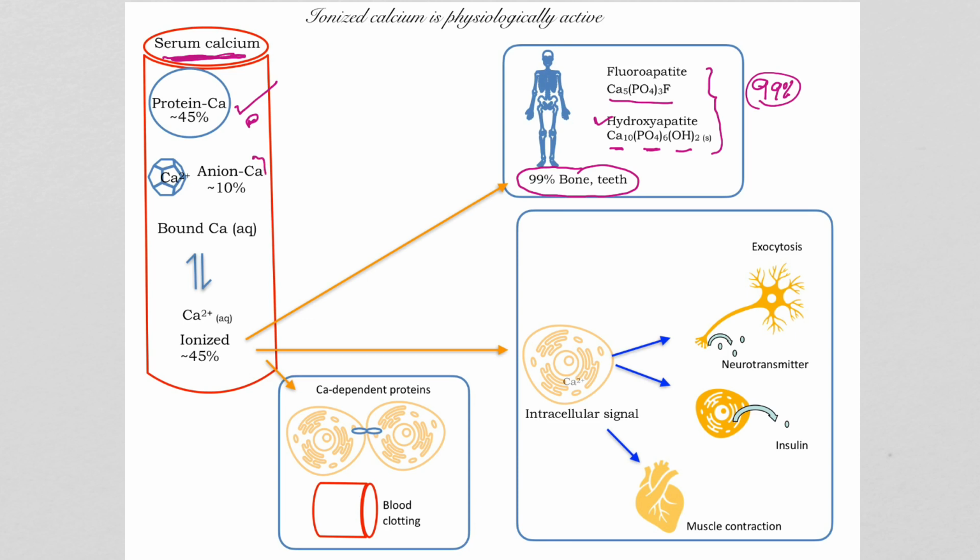There's about 10% that is bound to anions such as phosphate, very strongly bound to phosphate, to citrate, to sulfate. So these are quite strongly bound calcium to other anions. Let's call these two species bound calcium, either bound to proteins or bound to anions.